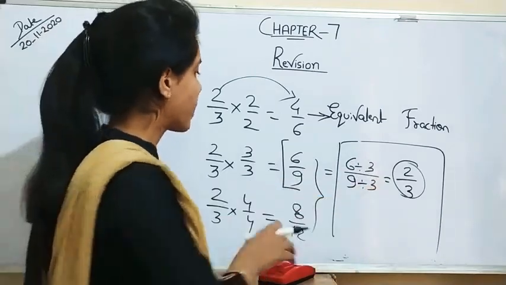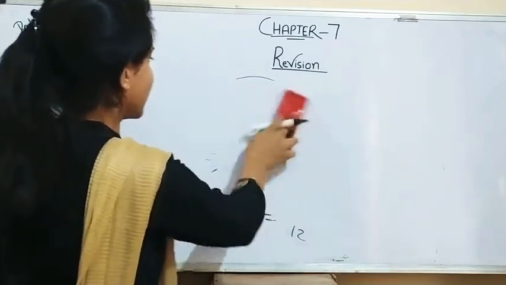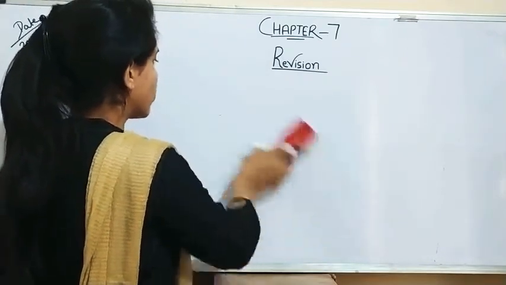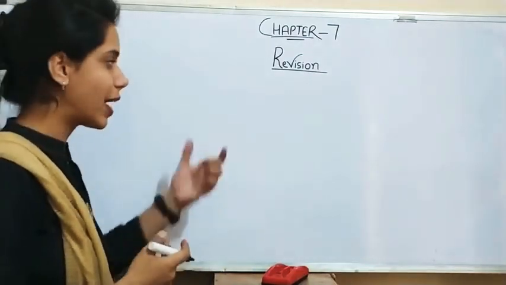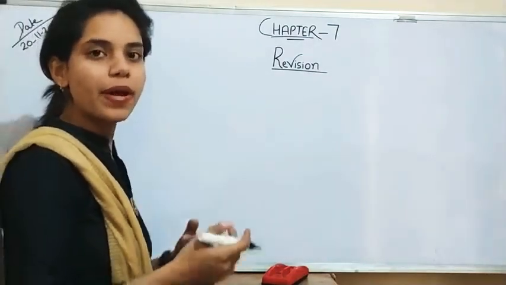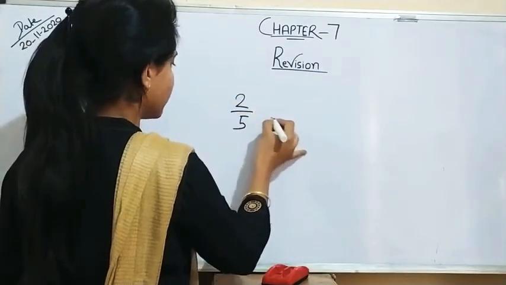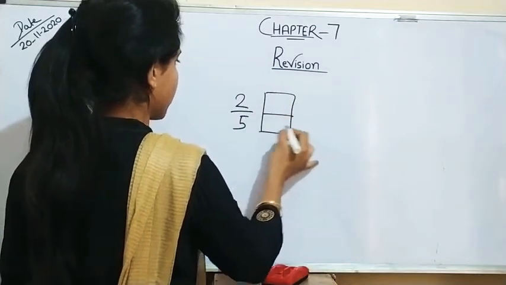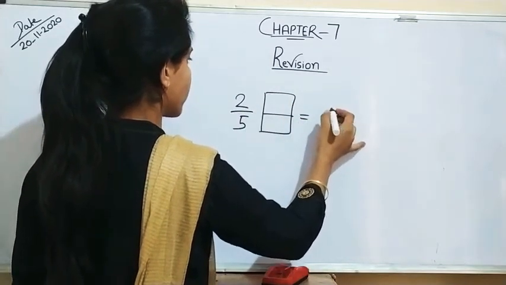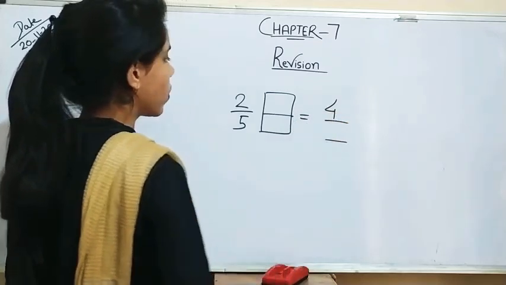If there is a blank in the denominator and the numerator is given to you, you just have to check whether we get that number by division or multiplication. Suppose 2 by 5 is there, blank equals blank.